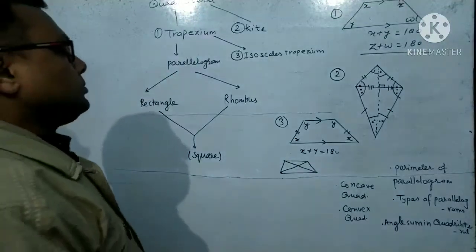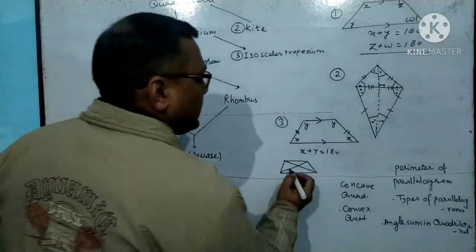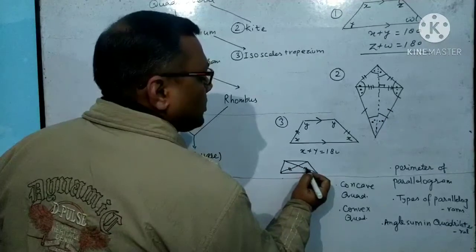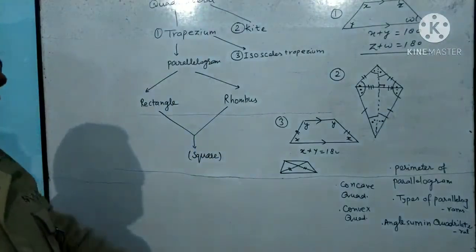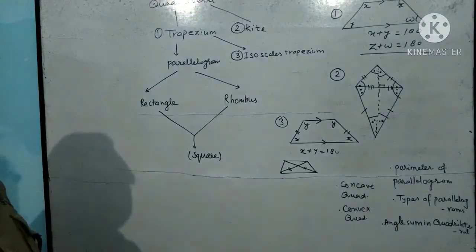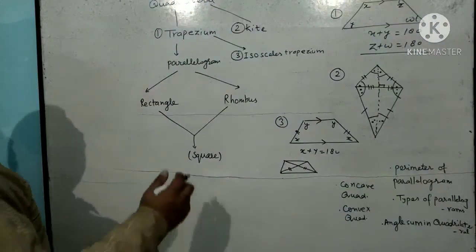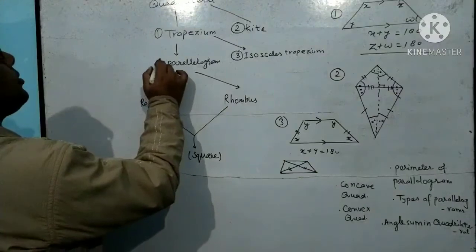So you can say that this diagonal is also equal to this diagonal. This isosceles trapezium. Now I am going to take the fourth one, which is a parallelogram.